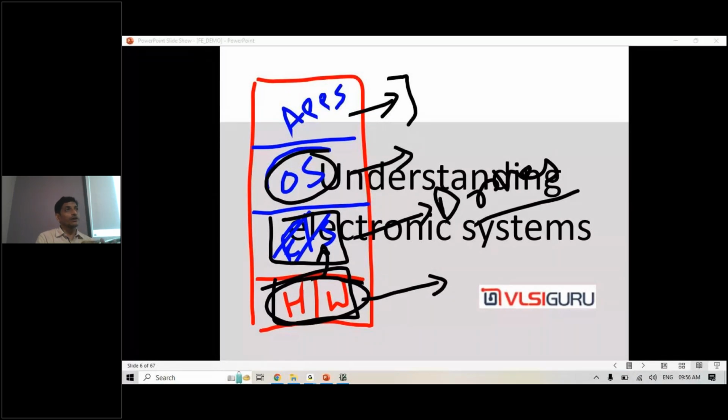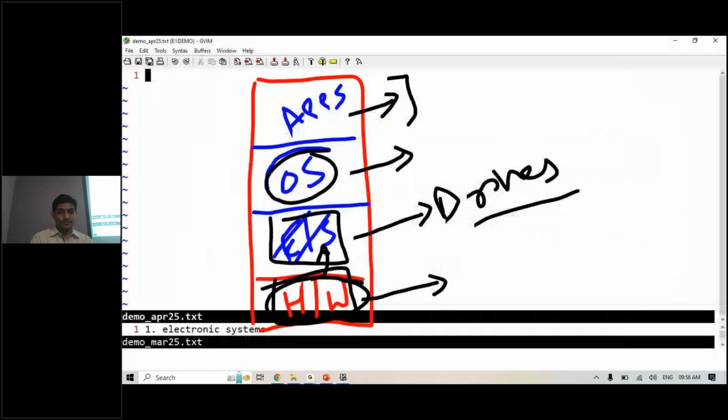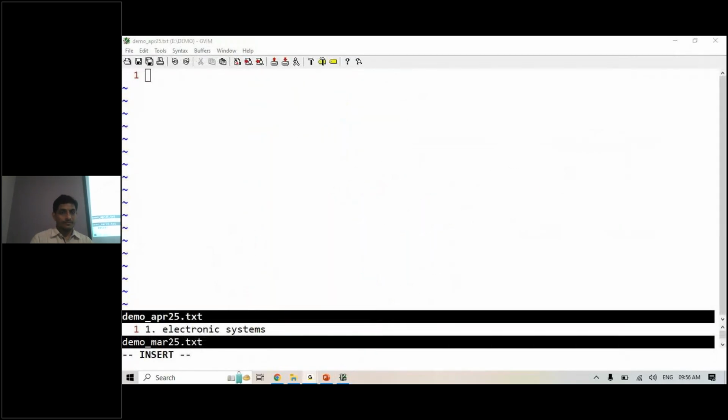In summary, again going back to our analogy, what is the analogy we took? Bus example. A bus has four elements in it: the bus, driver, conductor, passengers. How many are there? Bus, driver, conductor, passengers. So the bus is similar to hardware.